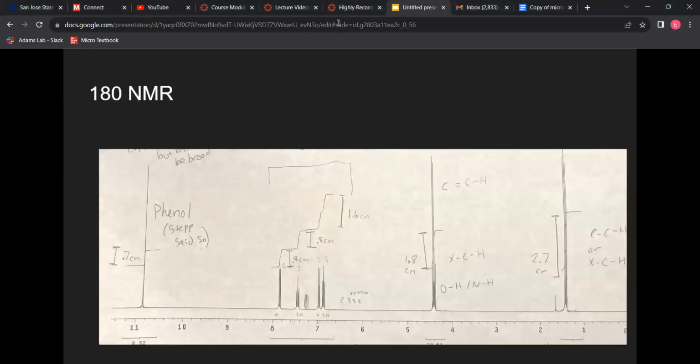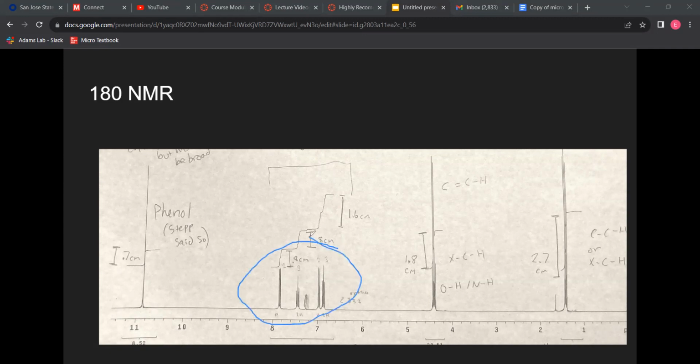Next, from the NMR, I determined that my aromatic molecule will have ortho substituents because the splitting pattern between 7 and 8 shows 2, 3, 2, 3, which corresponds to the ortho pattern on NMRs.